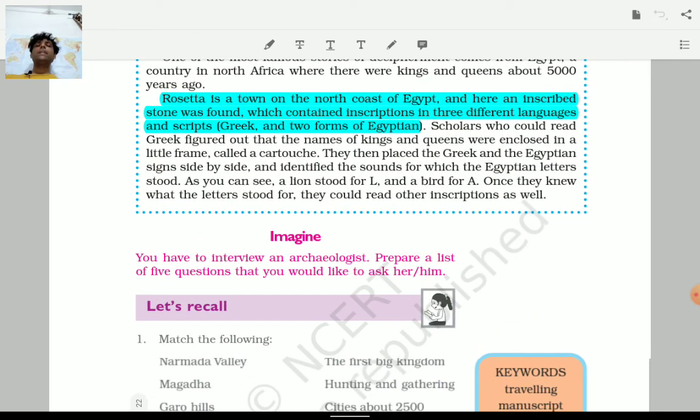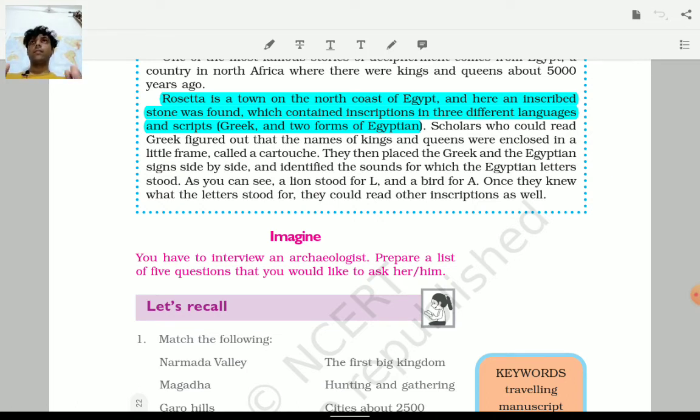Okay, so there was a place, Rosetta, a town on the north coast of Egypt. Just look at the map and find Egypt, and on the north coast of Egypt an inscribed stone was found, which contained an inscription in three different languages.